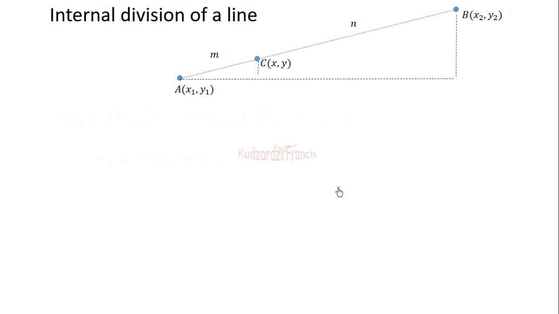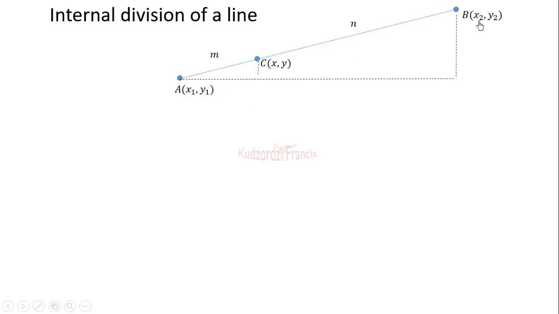Now let's look at what we call the internal division of a line. So we have line AB and we have a point C. A has coordinates x1, y1.